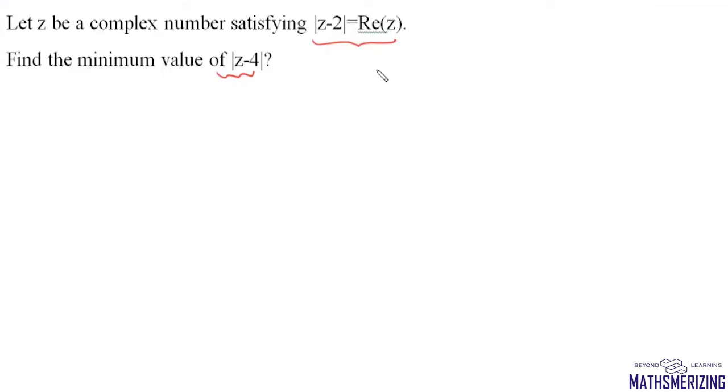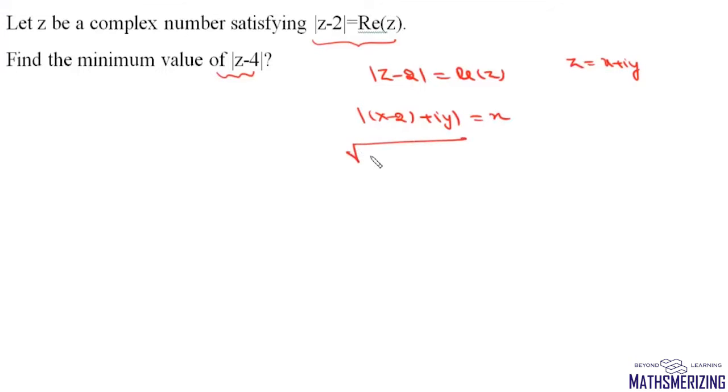Now we are given that mod of z minus 2 is equal to real part of z. So we'll take z as x plus iota y. Now we can write this as mod of x minus 2 plus iota y, and real part of z is simply x. So it will be under root of x minus 2 square plus y square equals x.